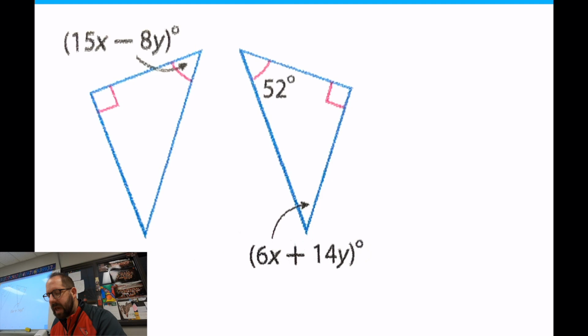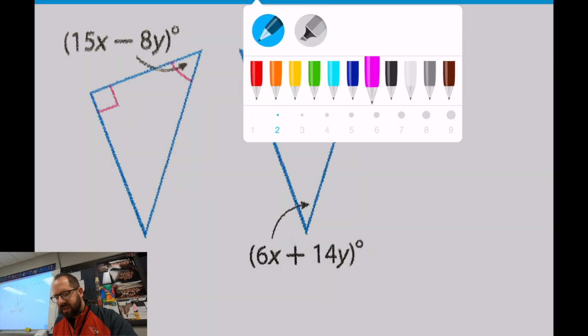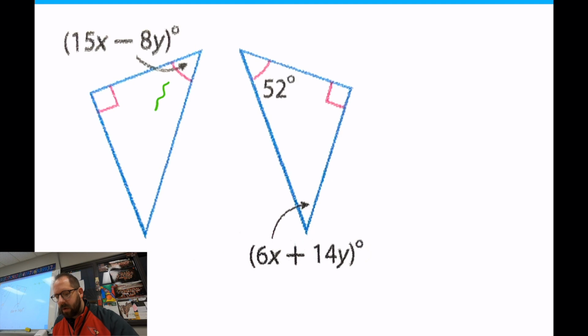So the 15x minus 8y. Ooh, I forgot the x. 15x minus 8y. That has to equal 52 because that little pink bubble allows me to do that. I didn't need to have that idea of congruency to see that. They just have the bubbles. Okay. Then we have the 90. And now what is this other angle in the corner here? What is this angle down here? Do we know?